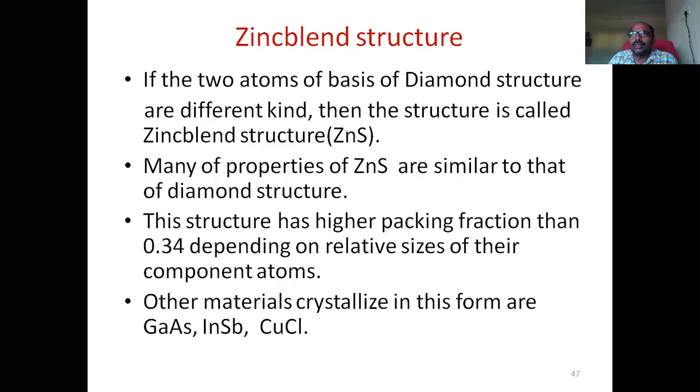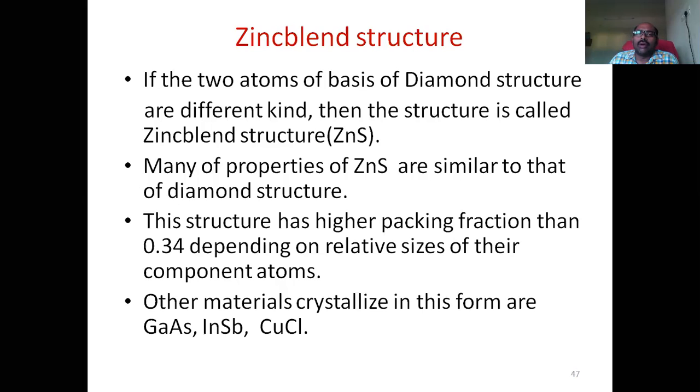In case of cesium chloride, it is formed as a result of combination of two simple cubic structures. One corner atom of one unit cell is the body center atom of another unit cell. In that way, it is designed.